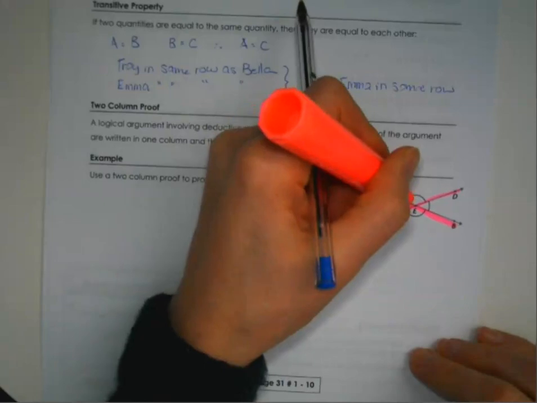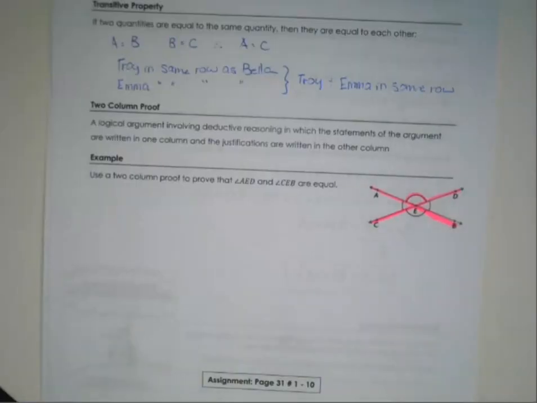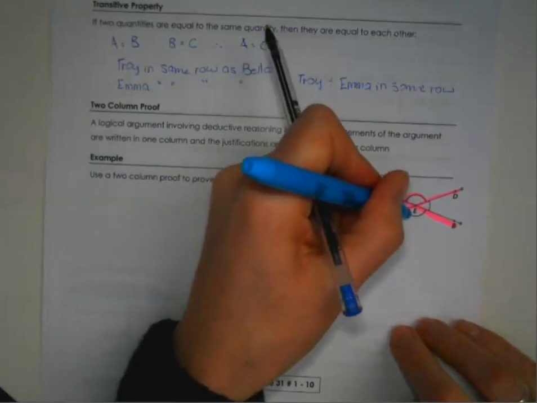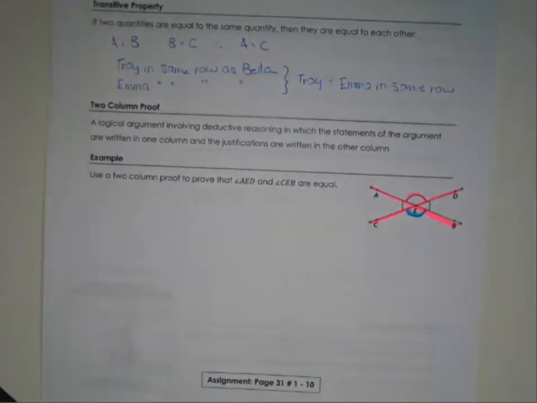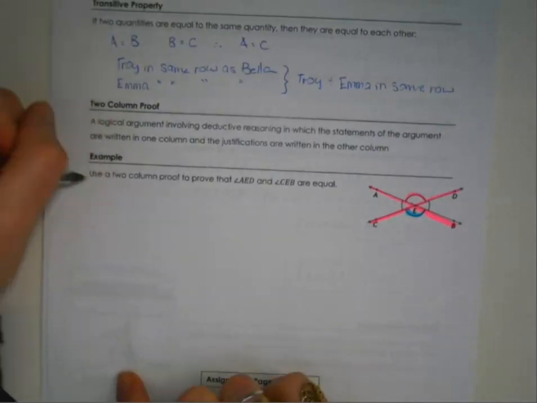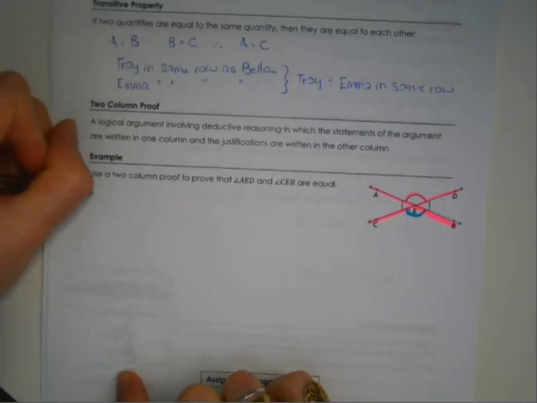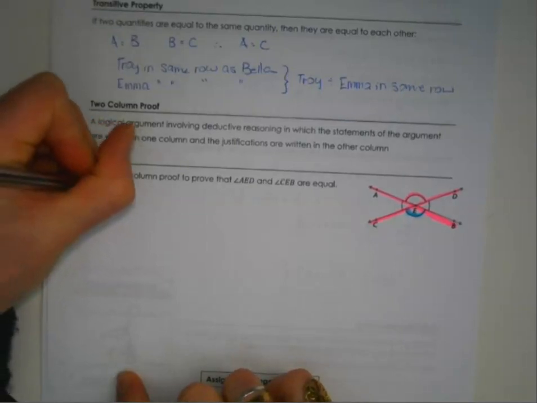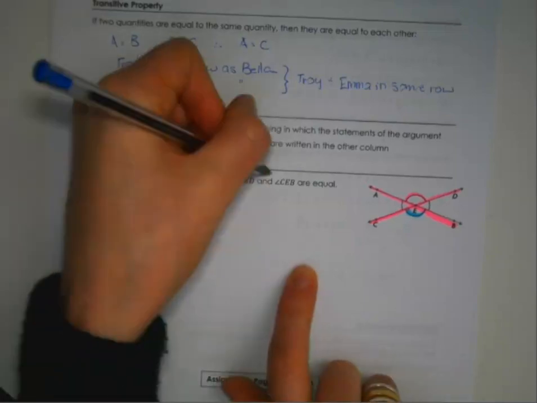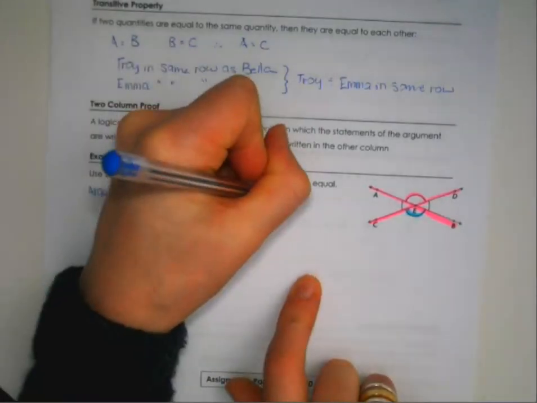Maybe what I'll do is highlight this one in one color and this one in the other color so we know what we're trying to look for. There we go. Okay, so those are the two angles we're looking at. So with a two-column proof, you put your argument or statement on one side and then your justification on the other.